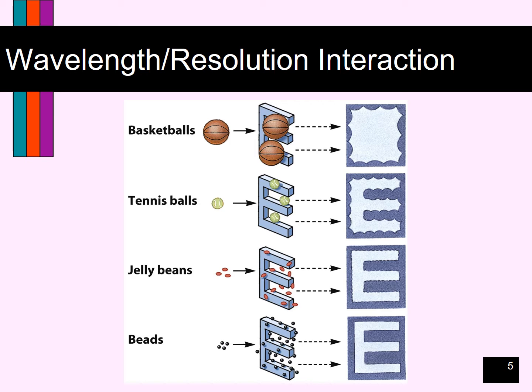Okay, so if the balls and the beans and the beads are representing the wavelength, you can see on the other side of the figure that you have the resolution, and as those balls and beans and beads are getting smaller, okay, as wavelength is getting smaller, your resolution is increased, and you're getting this nice figure with increased definition and clarity of detail.